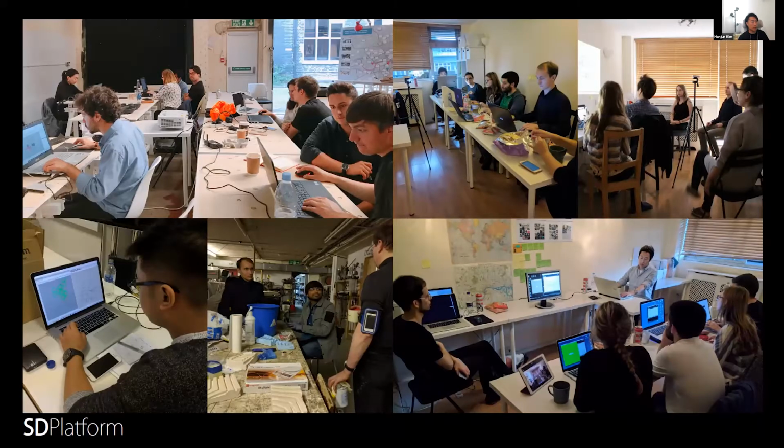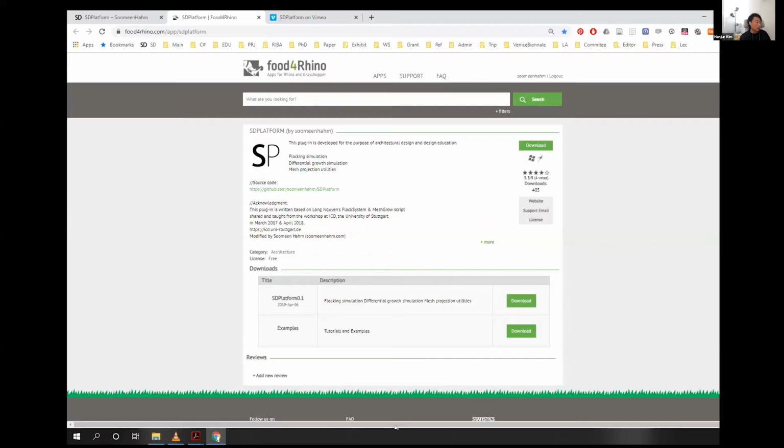And this is a previous picture of the SD platform when we were living in normal life, so we could meet each other. We had some workshops, and it was not only about computational work; as you can see here, we did some modeling work as well.